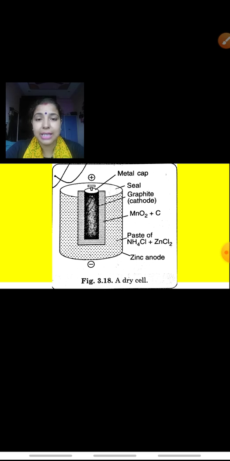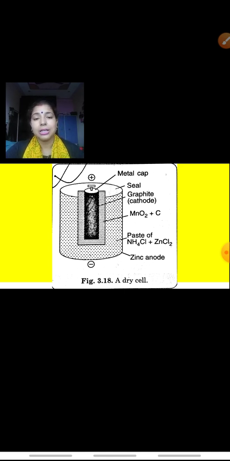Zinc cylinder acts as anode. Graphite rod acts as cathode, and the graphite rod is surrounded by manganese dioxide and carbon powder. Now I think you all have understood the construction of the dry cell. In dry cell, anode is zinc and cathode is graphite.